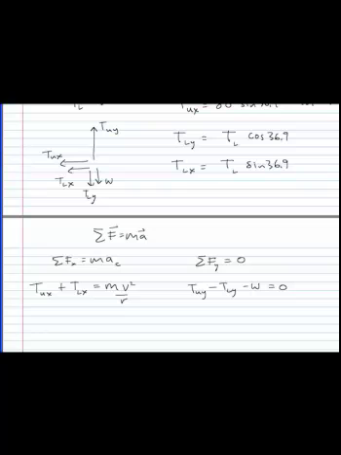And so we can use the y information to solve for the tension in the lower string.